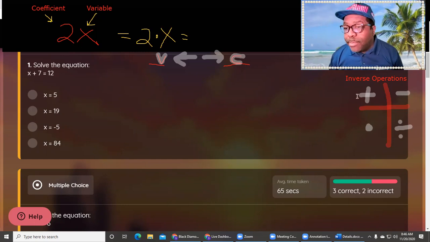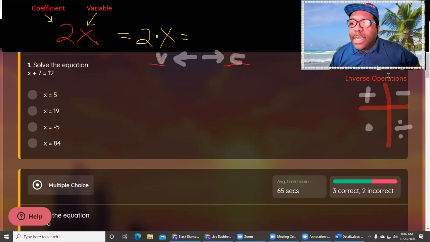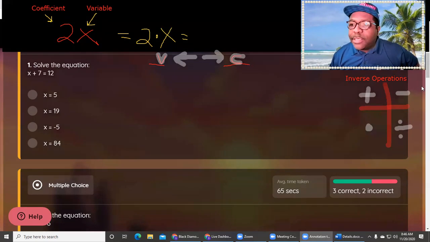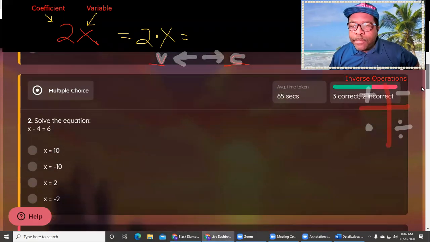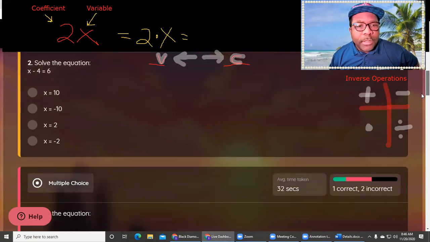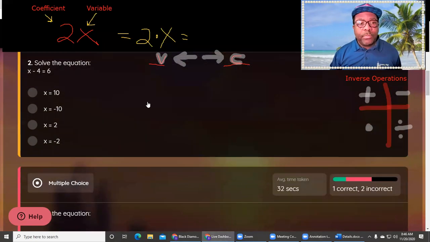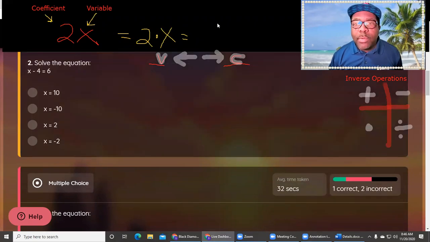Okay, and so plus is an operation, minus is an operation, multiplication is an operation, division is an operation. Let us move on. Let's try this next one, okay? Solve this equation. x minus 4 equals 6. All right.